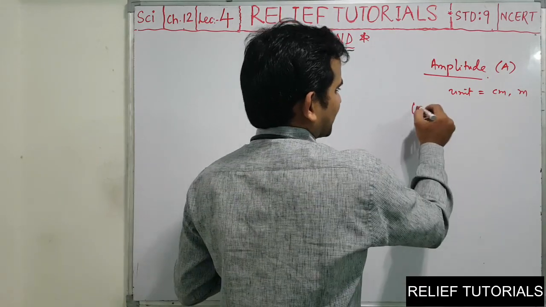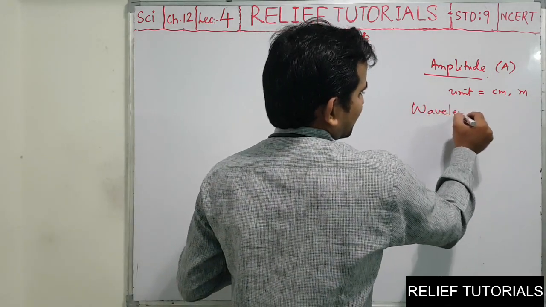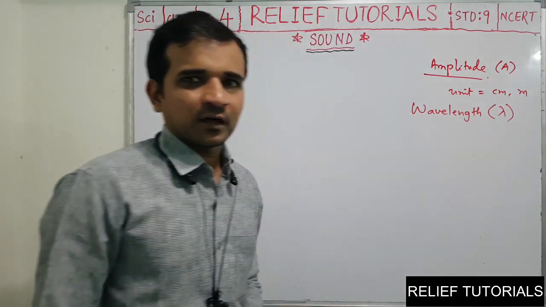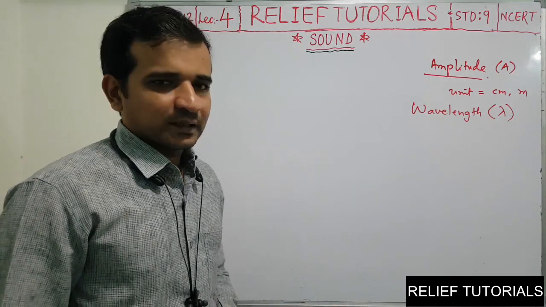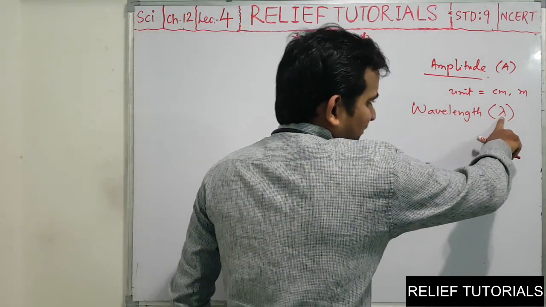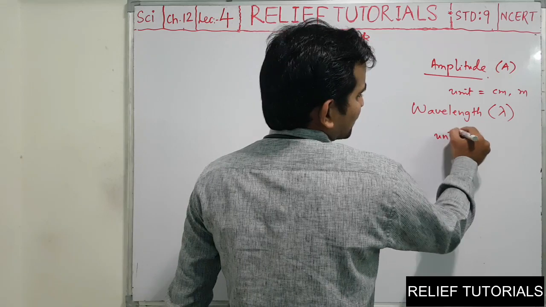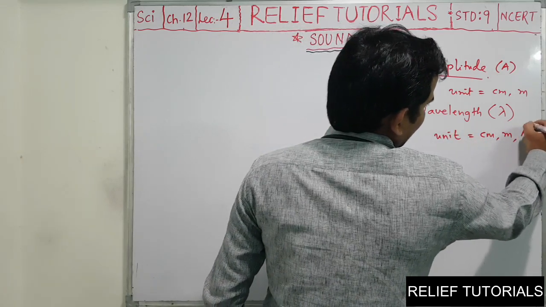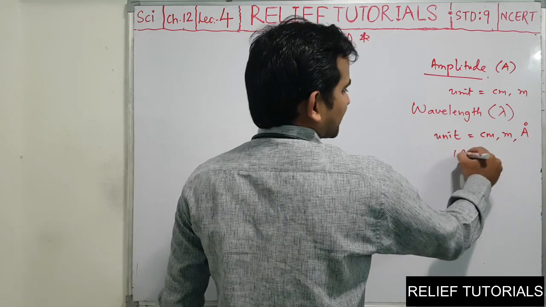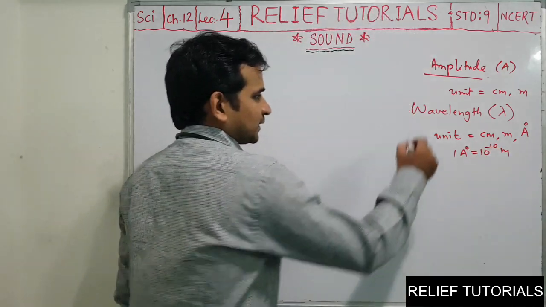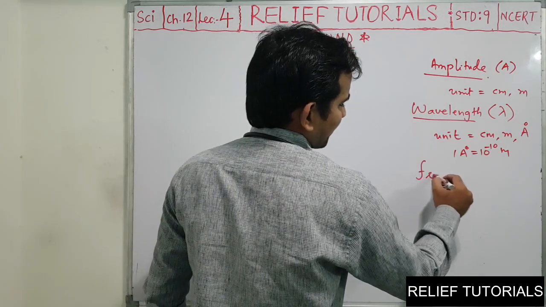Then we have seen wavelength. The name itself suggests it's the length of one wave. It is symbolized by lambda and the unit is centimeter, meter or angstrom, and 1 angstrom means 10 raised to minus 10 meter.